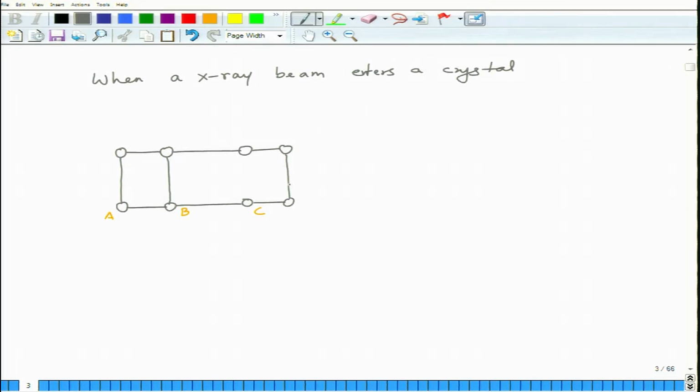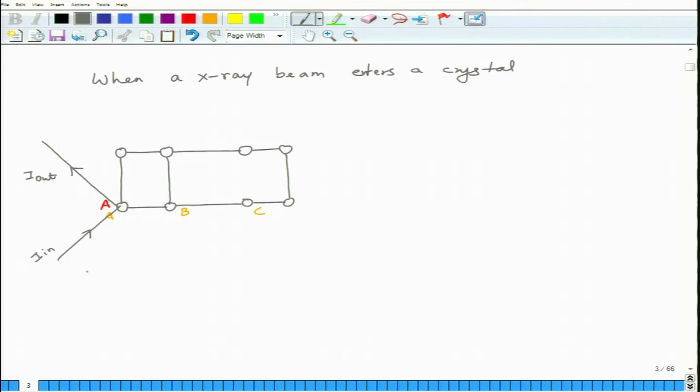Let us say we have an incoming beam, this is I in, this is atom A, and this is the diffracted beam, I out.